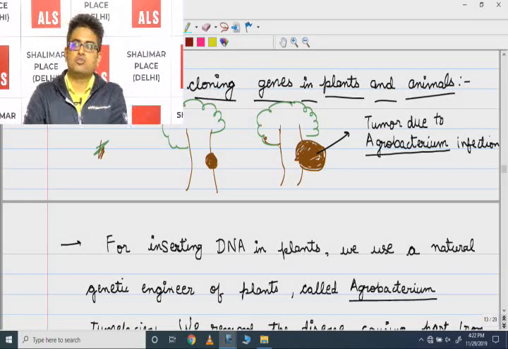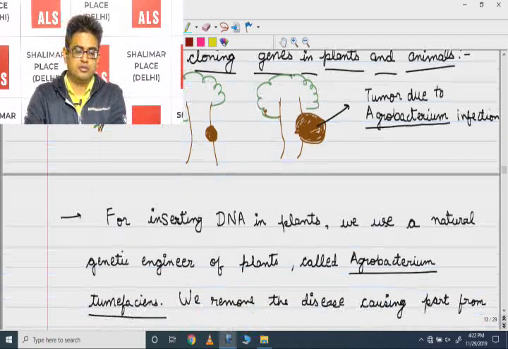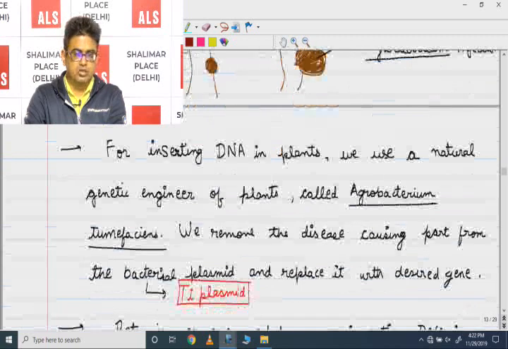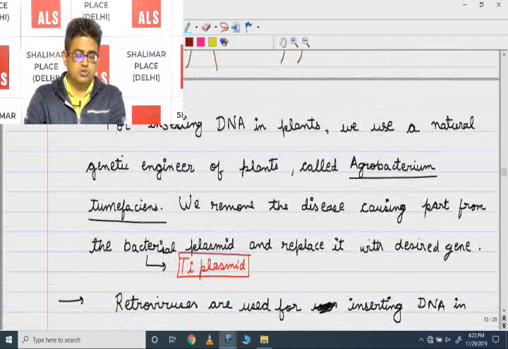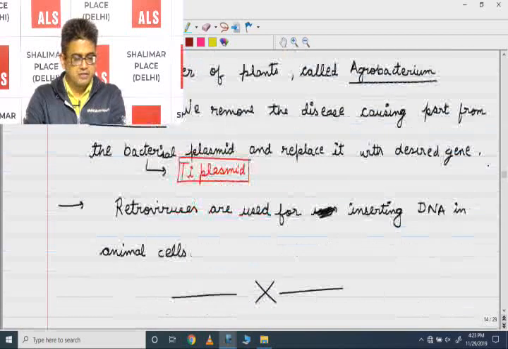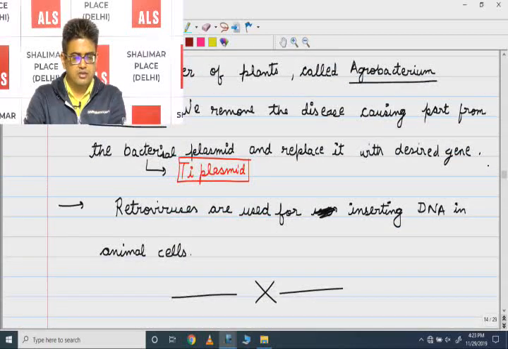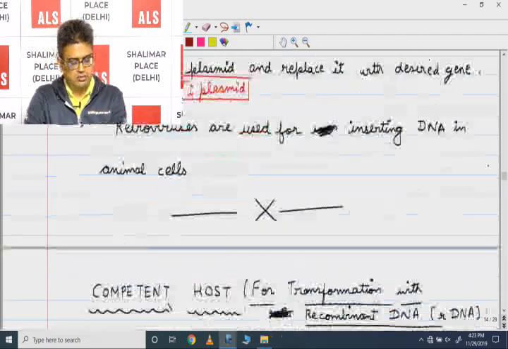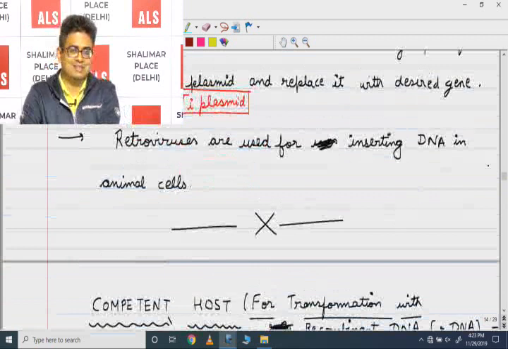The natural genetic engineer of plants is Agrobacterium tumefaciens. I told you that Agrobacterium is a natural genetic engineer for plants, and we replace the desired gene in the bacterial plasmid, and the disease causing part is removed, so it no longer causes the disease and only introduces the useful DNA into the plant. Sorry, in the plant only, not the animal.